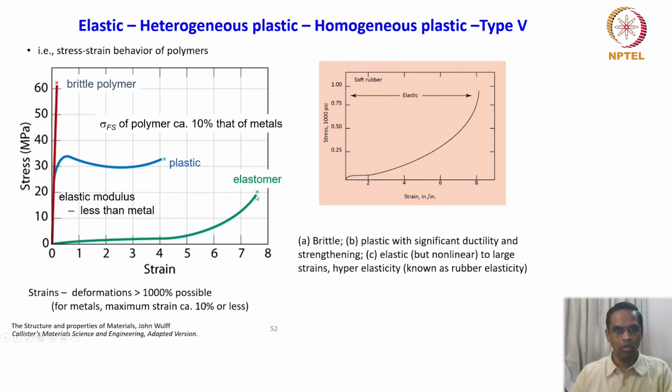There is no load drop in the hyperelasticity or elastomer deformation. It just keeps on increasing till fracture. Okay, but on the other hand, this polymer shows a load drop and then exhibits significant ductile behavior and then strengthens. Okay.